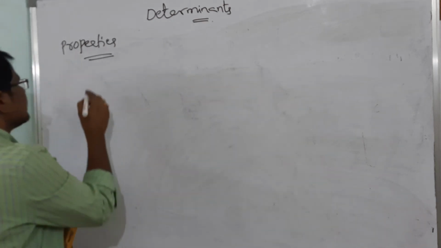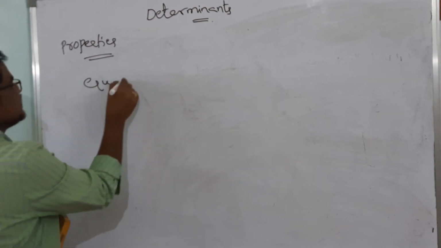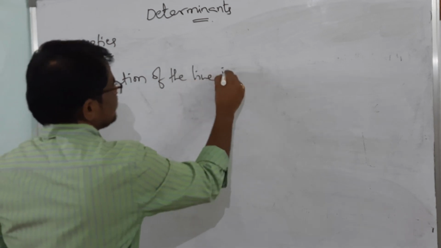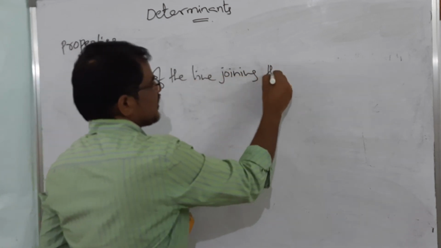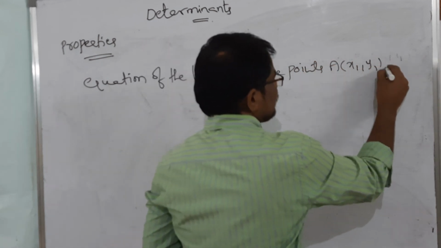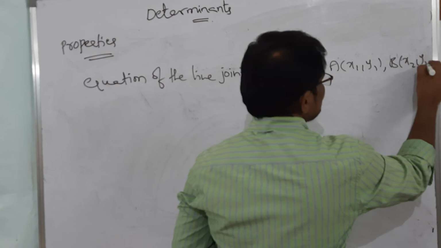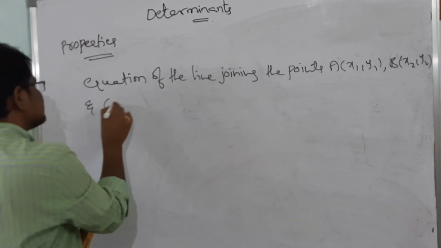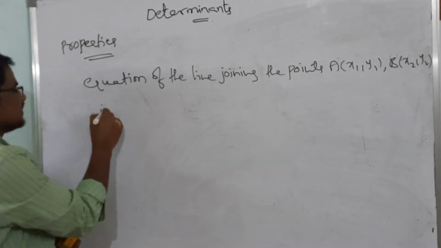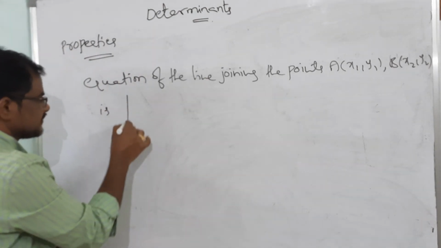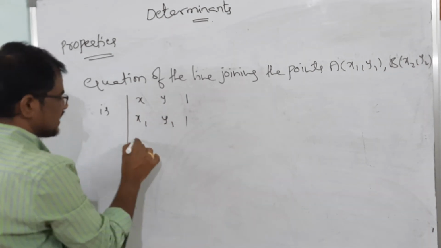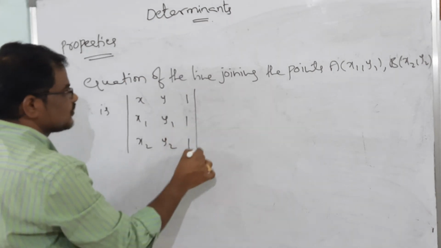The equation of the line joining the points A (x1, y1), B (x2, y2) is the determinant of x y 1, x1 y1 1 and x2 y2 1 equal to 0.